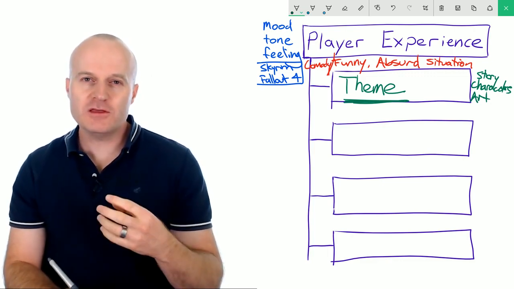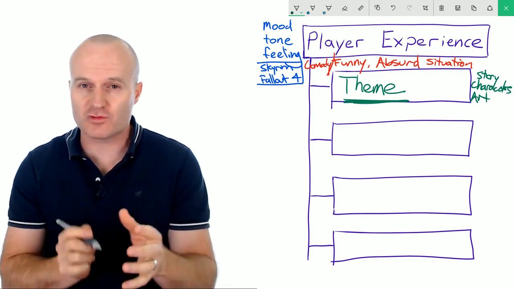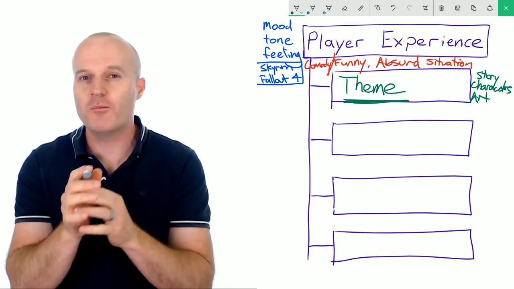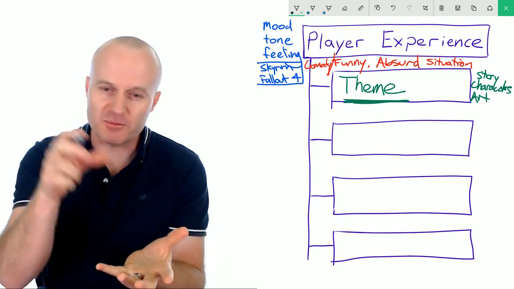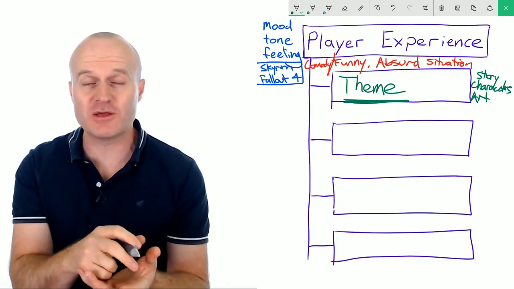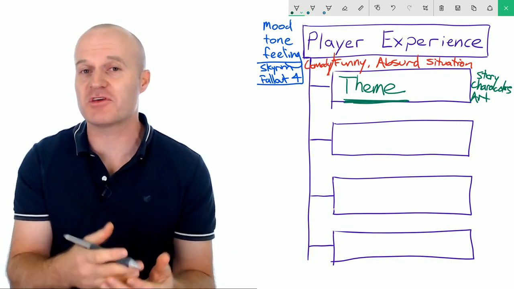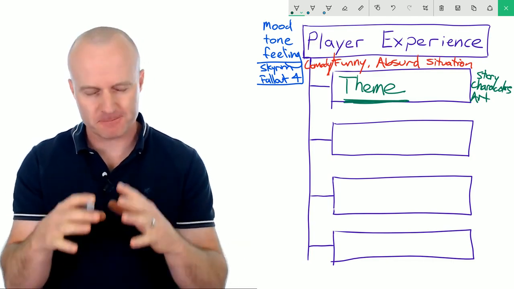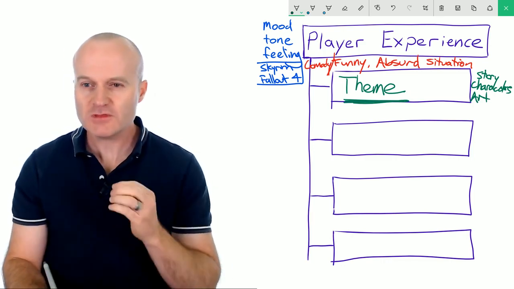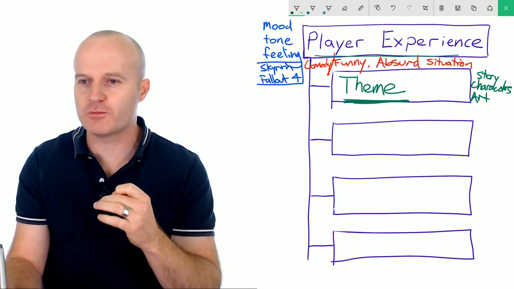And so the fountain's just a regular fountain. It didn't need to be created in some strange sort of magical way, but it supports the fact that we can put a yelling pig in the middle of it to yell at people as they walk past. Maybe the pig becomes a quest giver, maybe it becomes a companion pet, whatever it might be. So if you get my point there, the theme is allowing us to build the player experience.